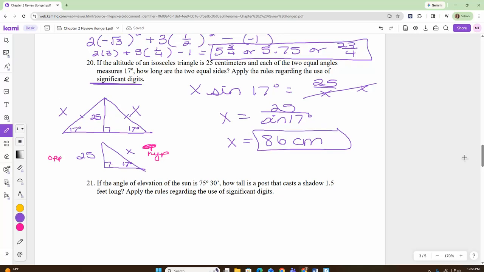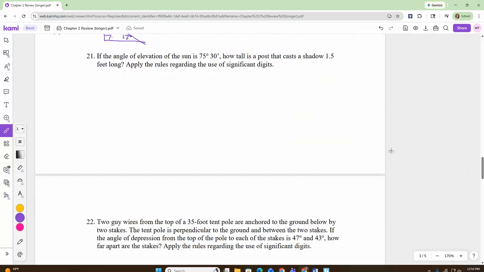Number 21. The angle of elevation. If I say elevation or depression, what do we have to have? A horizontal line. So angle of elevation is from a horizontal up. We want to know how tall is a post that casts a shadow 1.5 feet long. Okay, so my angle from the horizontal going up was 75 degrees, 30 minutes.